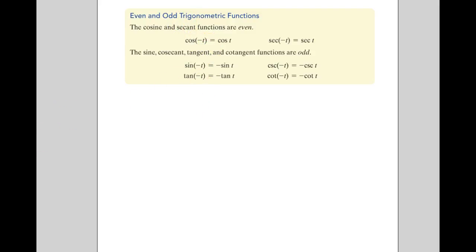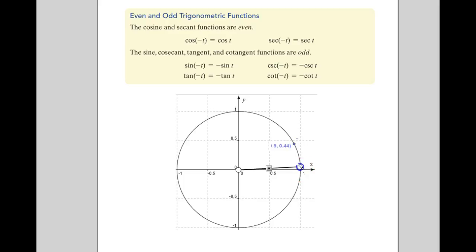Even and odd properties. The cosine. What this is saying is if I go up to some positive angle measure, and I get an x, y pair, I'm at some point on this circle at that angle.